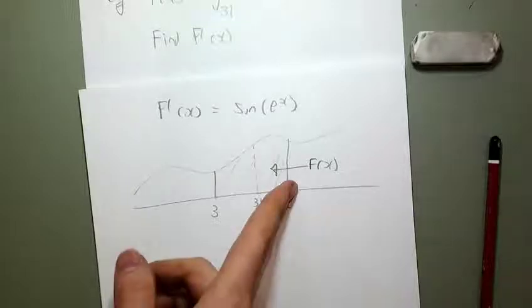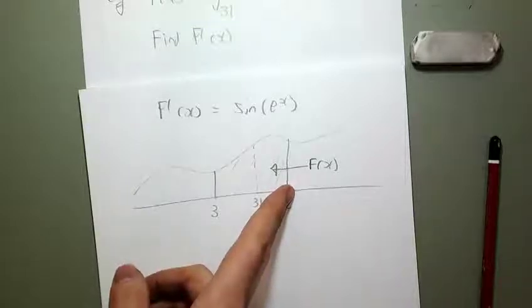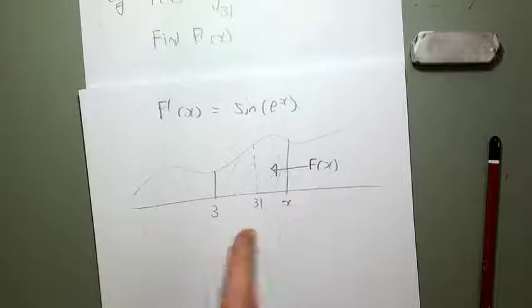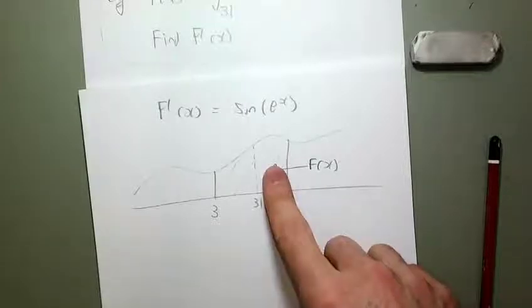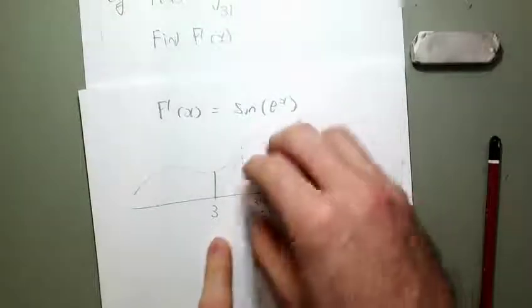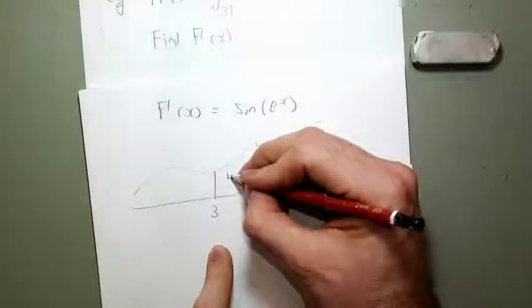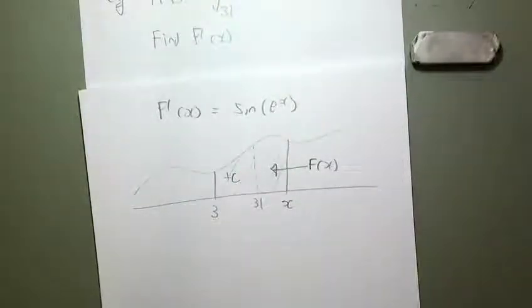The leading edge of this function where I'm integrating is getting the areas being added on at the same speed no matter whether I started at 3 or 31. So what we're interested in here is the speed at which that area gets added on, not what the area is currently, and that's why the derivative is the same. And the other thing is that, look, this f of the one from 31 to x is this plus c. That's my plus c. There, and that's why it differentiates to give 0.